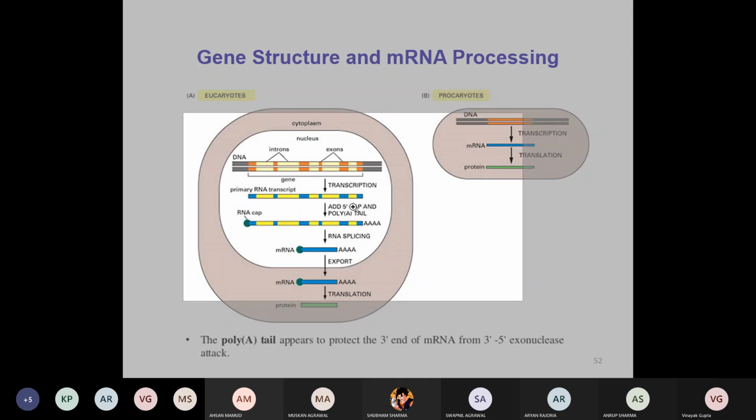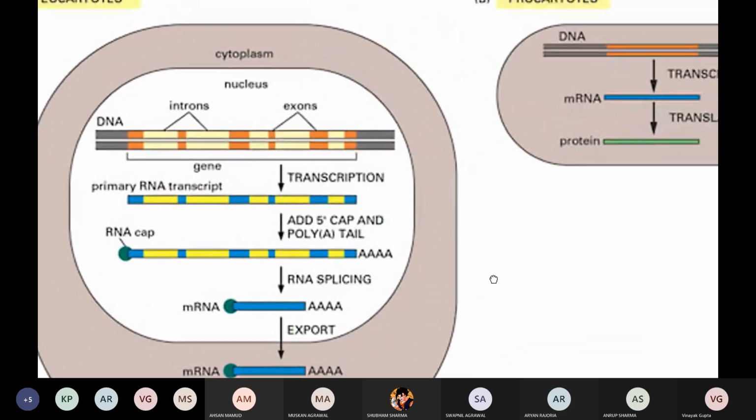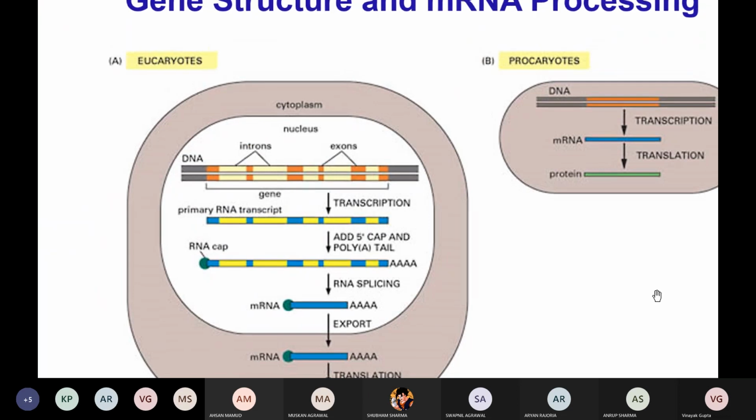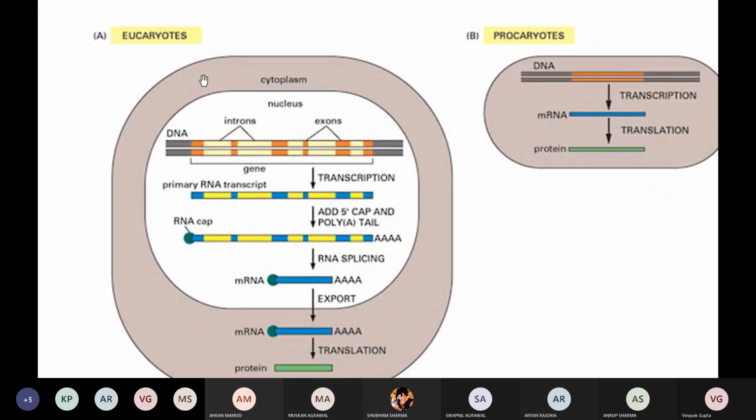I can zoom in here. You can compare both the systems here, prokaryote as well as eukaryote. Okay, and compare the transcription. What is happening? How transcription in the eukaryote is different from the transcription in the prokaryote.